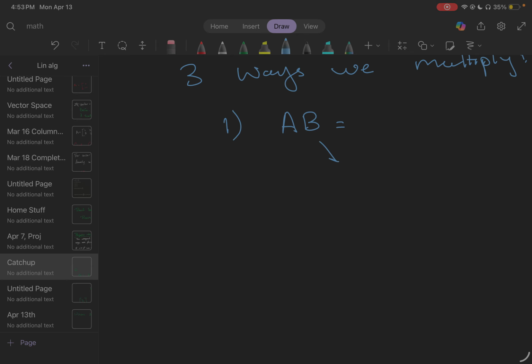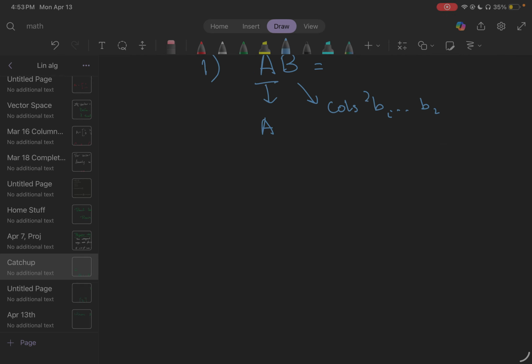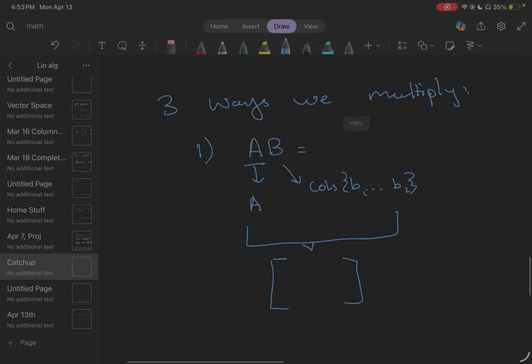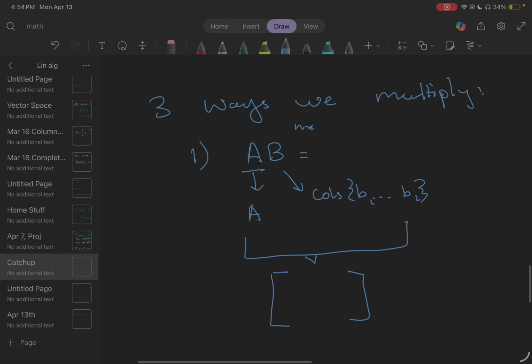We take the columns of B and multiply them with the whole matrix A. And what do we get in the end? Assuming the matrices are n by n, we get an n by n matrix.